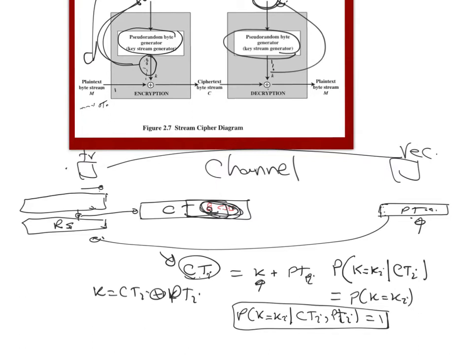For all the block ciphers that we have discussed, that's definitely not the case. So even if you have a group of CTis and PTis, you will still have to spend a very, very long time to guess the key. Clear? So that's a very important property for any stream cipher.